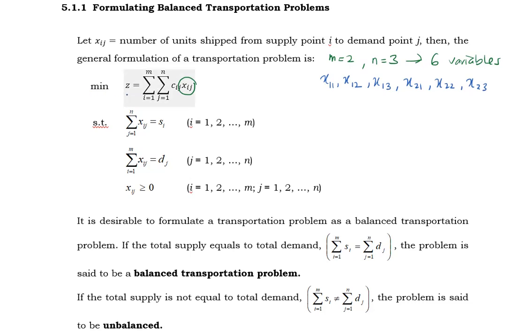The objective of the problem is to minimize the cost. So from the formula, we can see that we need to multiply the cost by the variable and then sum them up.